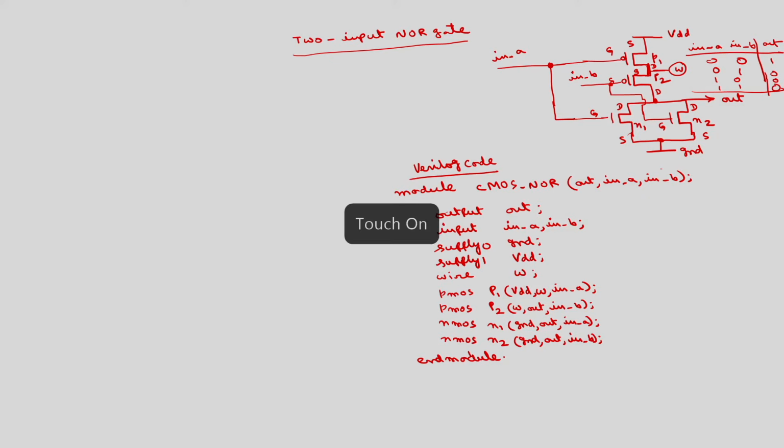So, if I take example of some other Boolean function, let us take f of a b c is equal to a b plus b c plus c a.